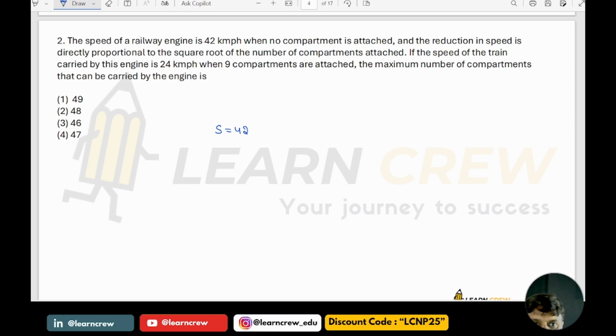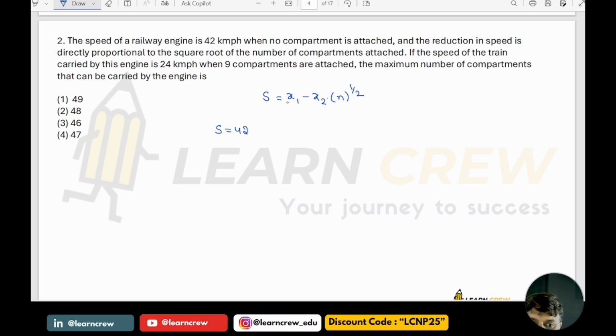Here I am taking speed as a function of x1 and x2: S is equal to x1 minus x2 into n power 1 by 2, the square root.